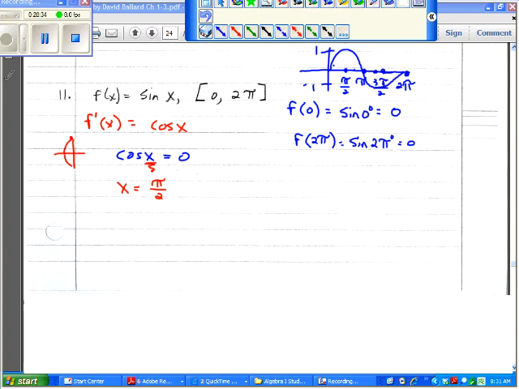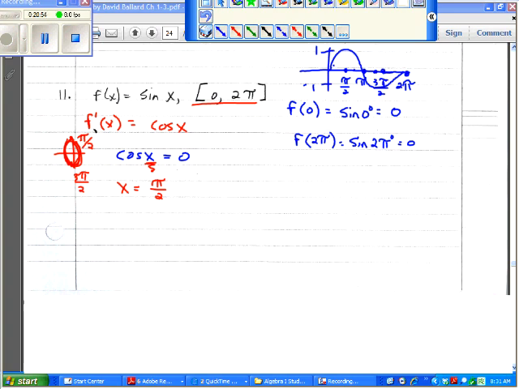And then again at 3 pi over 2. And then again and again, but it has to stay within the interval of 0 to 2 pi.